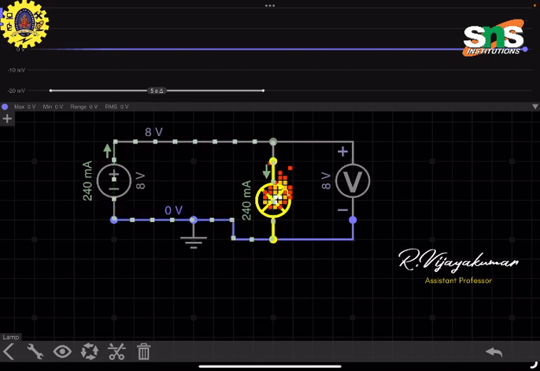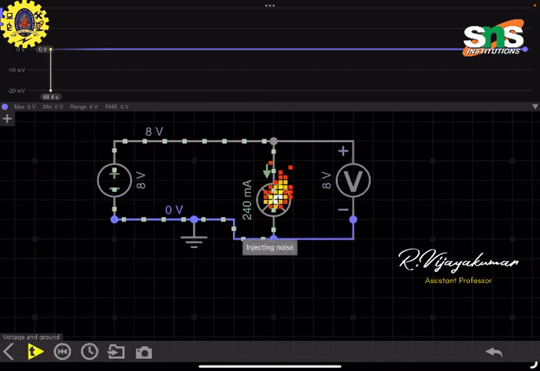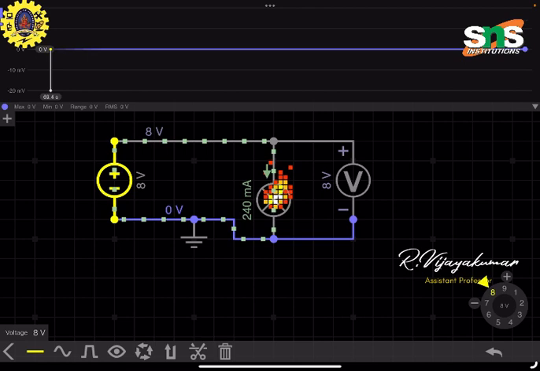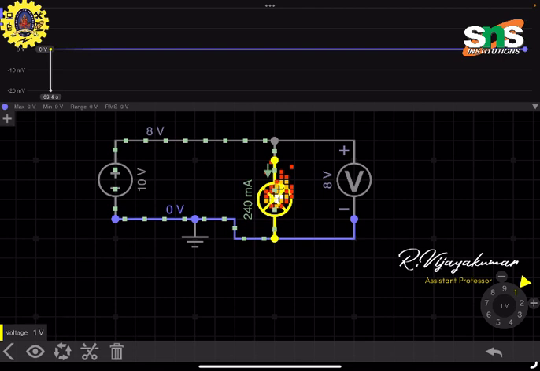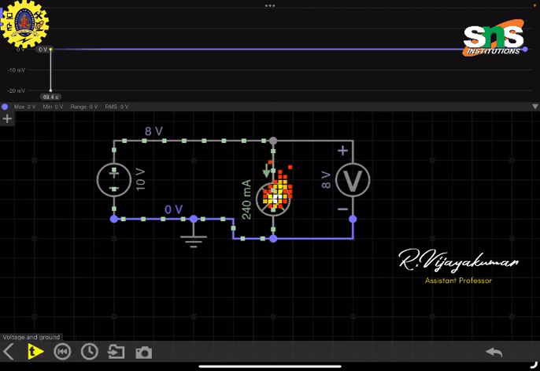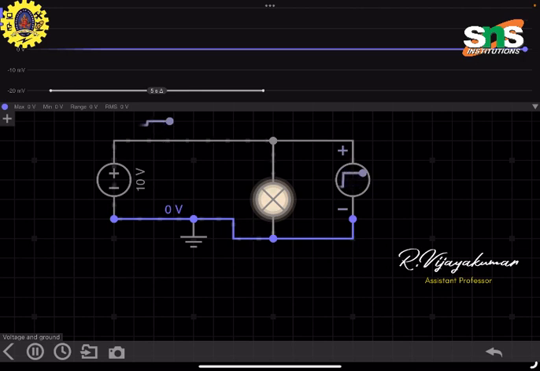Again, I'm changing the voltage value here. The lamp is 10 volts, and I'm changing the source to 1 volt.